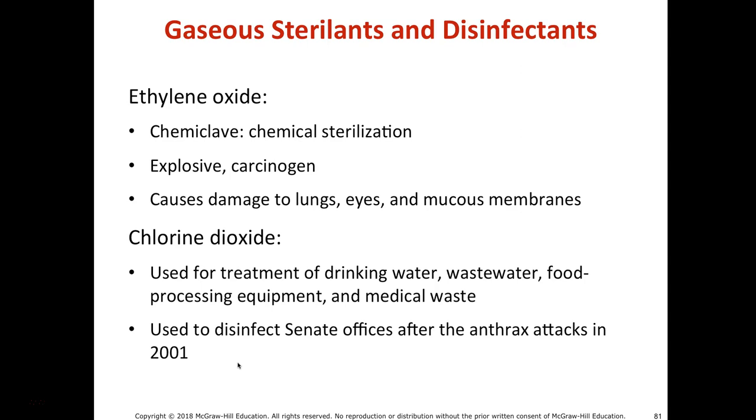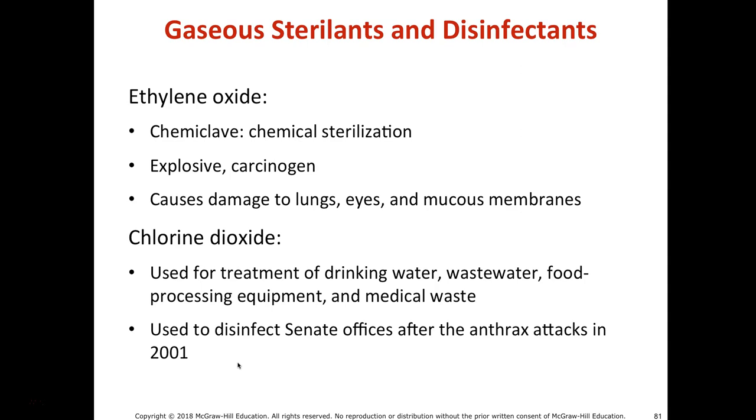So what ethylene oxide does, it is going to react with functional groups in DNA as well as in proteins. And by reacting with those DNA molecules and proteins, it's going to block DNA replication, which affects the enzyme activity of the cells, and that leads to cell death.